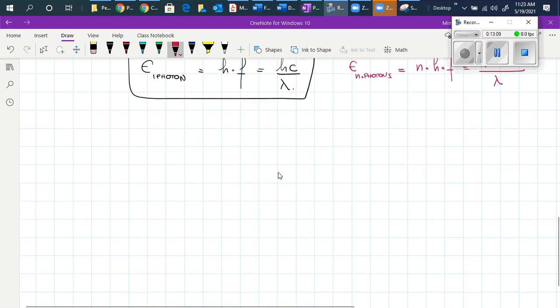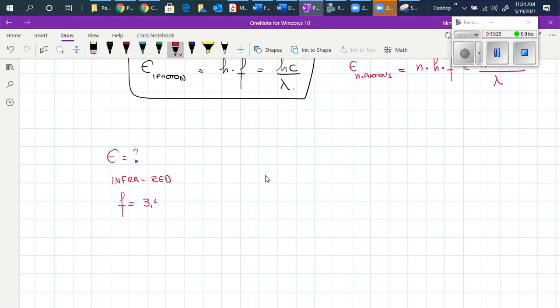Let's see now an example in which we are calculating the energy of an infrared photon with a frequency of 3.45 times 10 to the power of 14 hertz. It is one photon, so the energy will be either hf or hc over lambda.